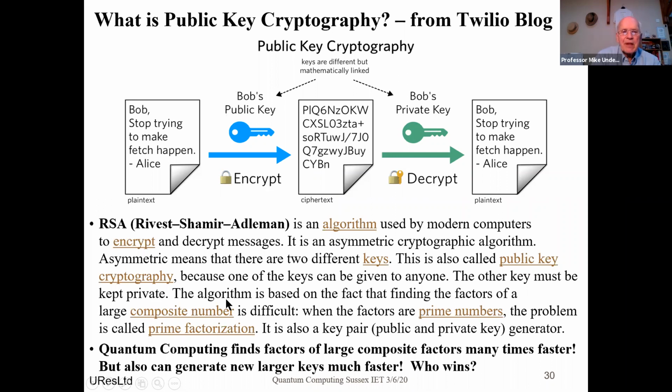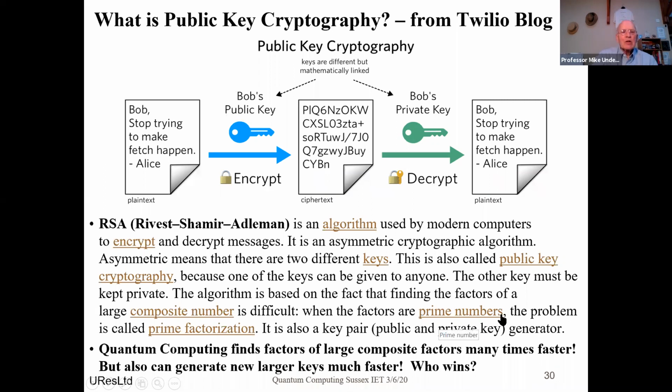The algorithm, and here's the important point, is based on the fact that finding the factors of a large composite number is difficult. When the factors are prime numbers, the problem is called prime factorization. It's also a key pair of public and private key generator.